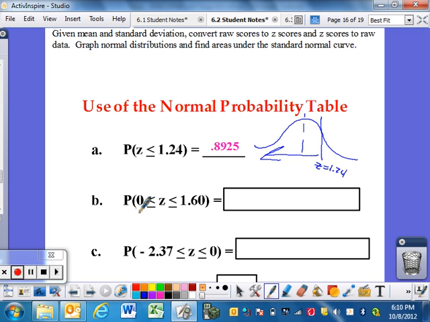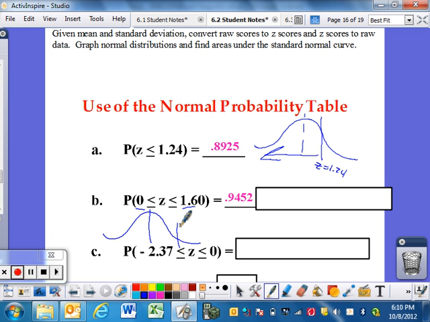Here's the between situation. First of all, you want to go to your table and find the information for a Z-score of 1.6. If you go to 1.6, that's 0.9452. And I need to subtract from it whatever 0 is. So this is 1.6. Here's my Z-score of 0, because that is your mean. I only want to find this information.